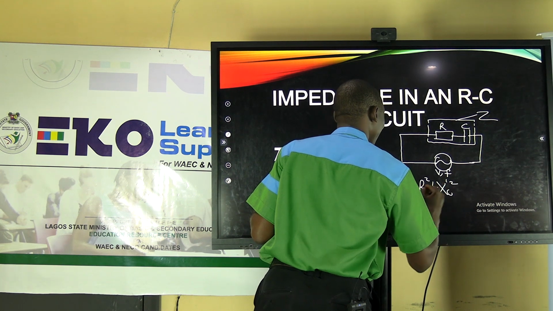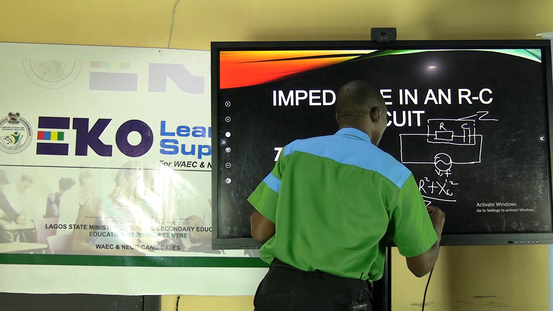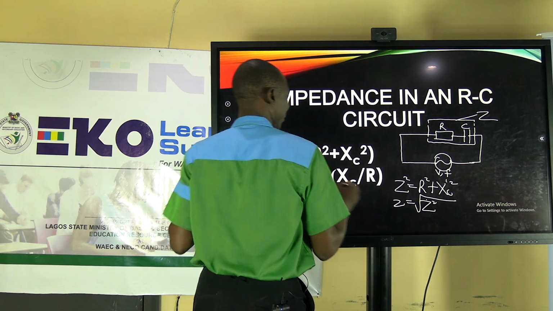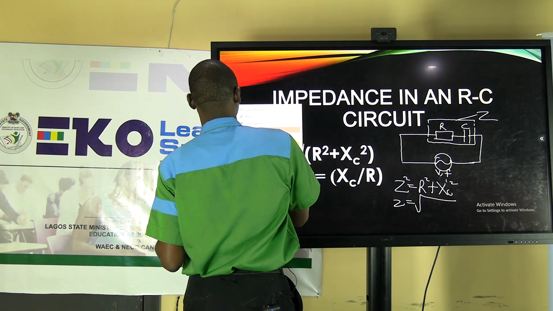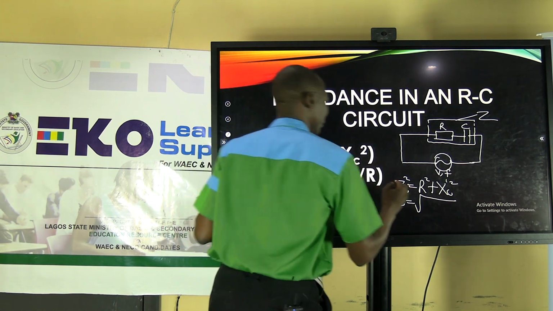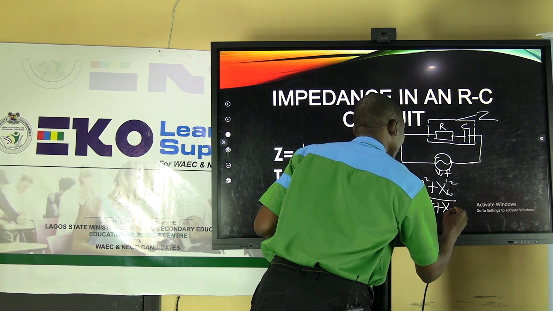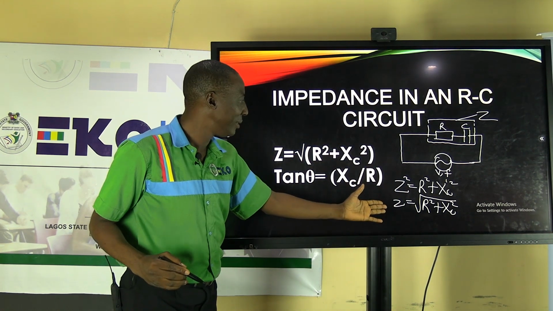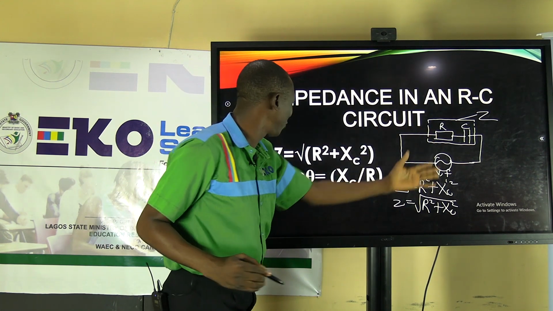the reactance of a capacitor. So Z equals the square root of R square plus X of C square, where that is the impedance involving two oppositions, a resistor and a capacitor.